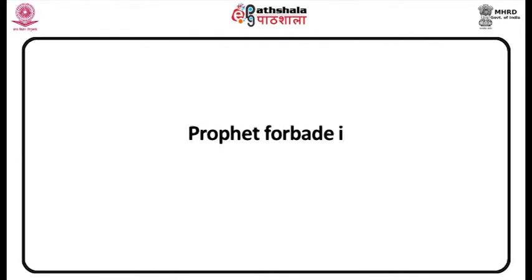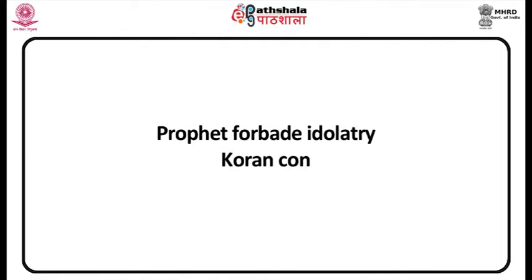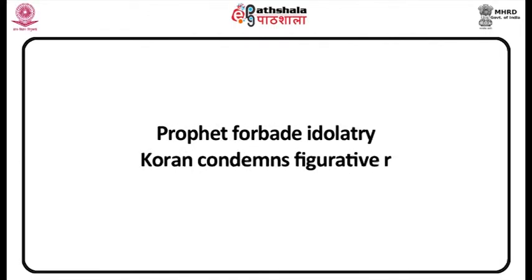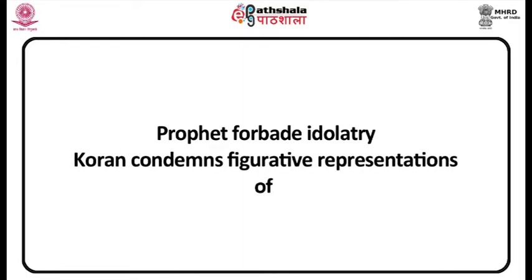Prophet Muhammad and his teaching forbade idolatry, and the Quran condemns the figurative representation of Allah or his prophets. Islamic religious painting thus consists mainly of abstract geometric and floral patterns and scrolling vines, sometimes known as arabesque.